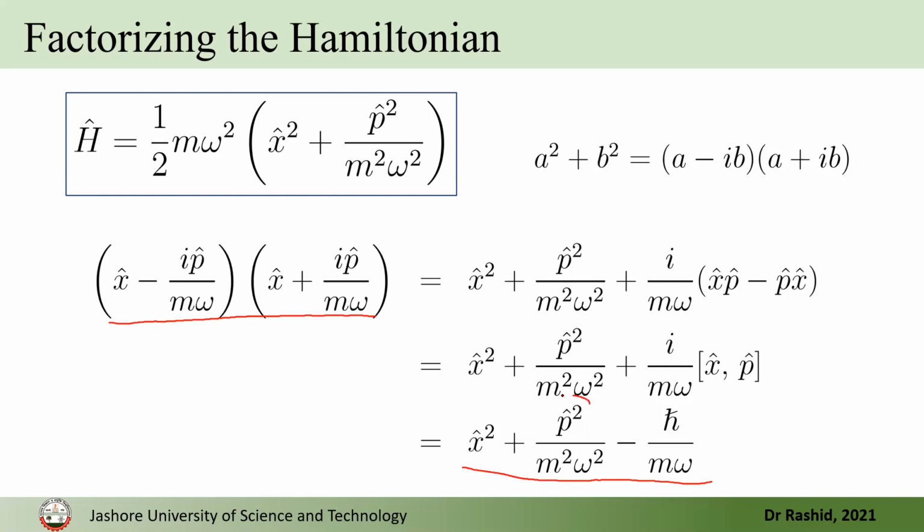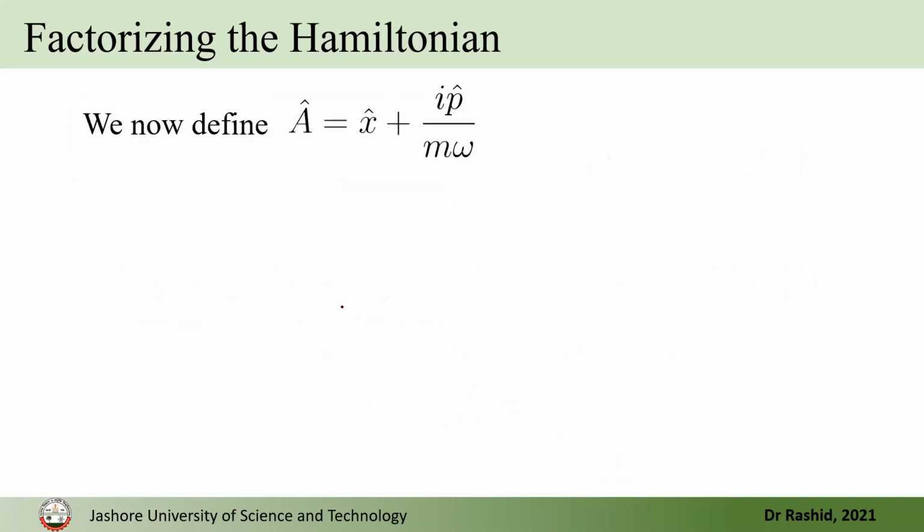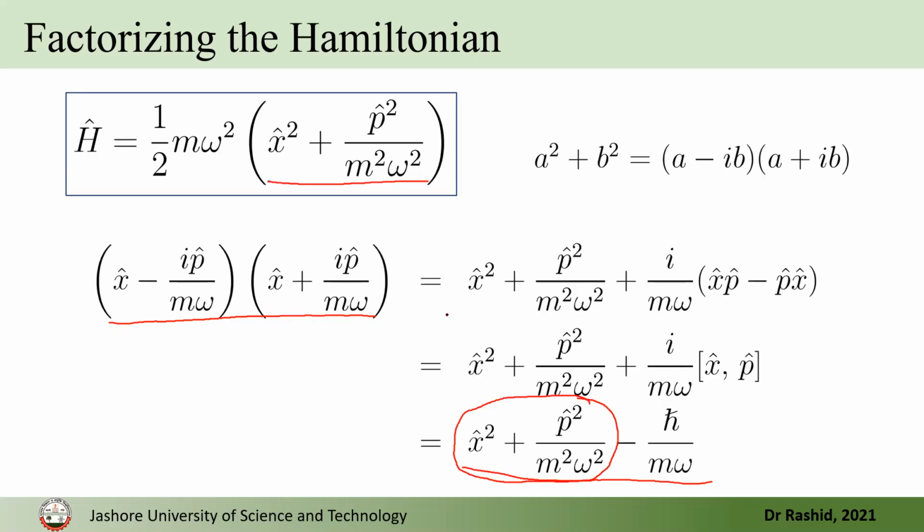Now you can clearly see from the Hamiltonian, this is what we have in the Hamiltonian here, but we have an additional term when we factorize. Before writing the Hamiltonian, let's redefine these terms. We write this term to be a hat, and this term would be a hat dagger.